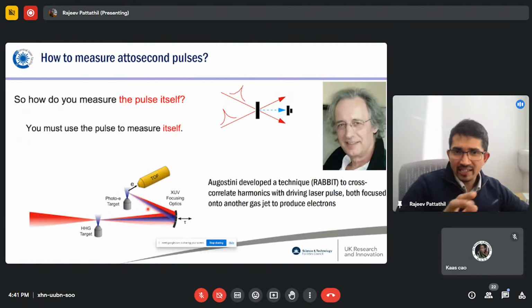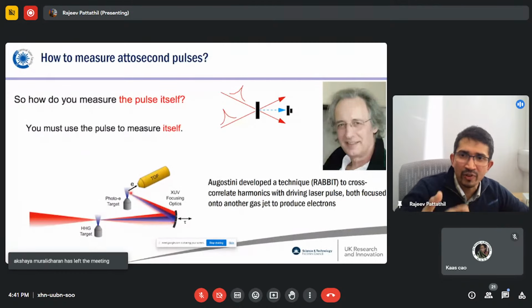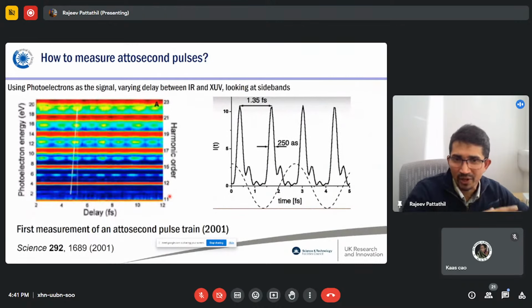Right. So what Agostini did was to use the same principle, but with photoelectrons. They took the high harmonics as well as the driving field and focused both of them onto a gas jet to produce electrons. The XUV pulses, these harmonics, produce photoelectrons when they ionize gas molecules, and the IR field also produces electrons, and they appear as sidebands in the photoelectron spectrum.